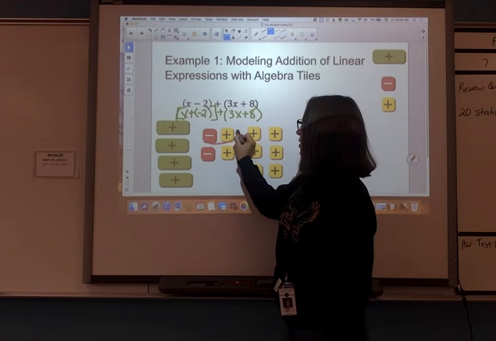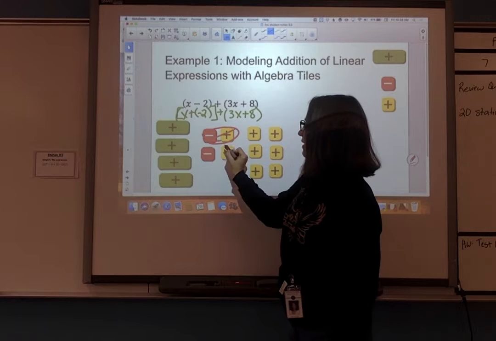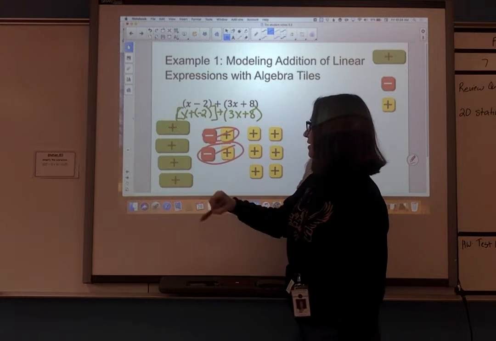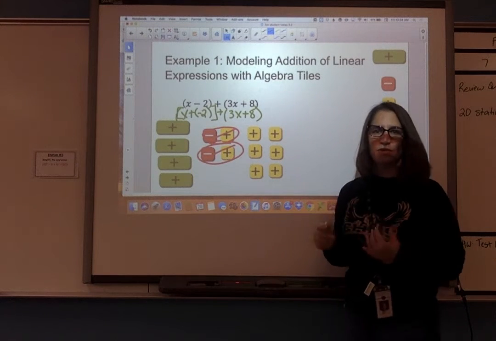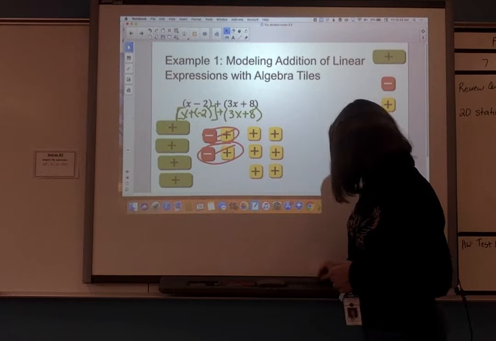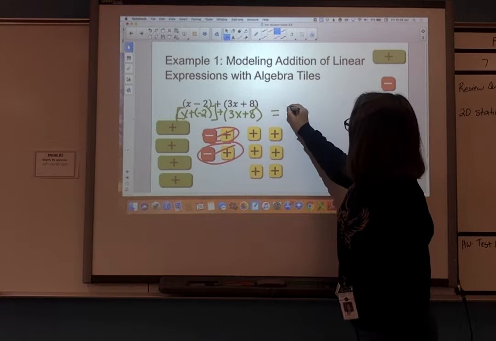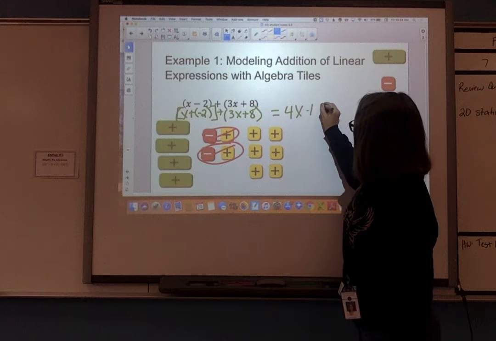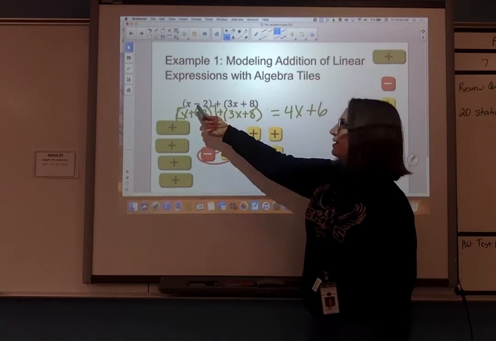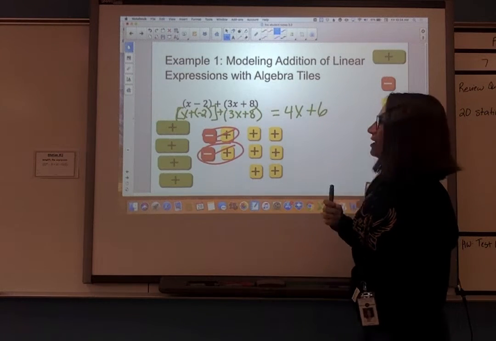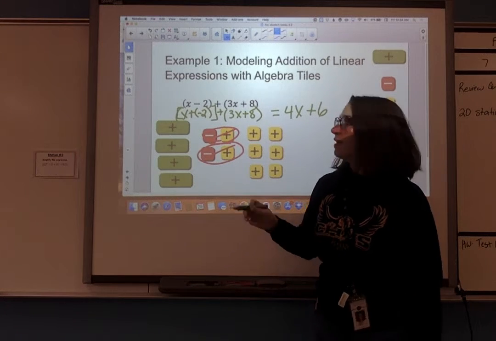So a positive 1 and a negative 1 is a 0 pair. I can cancel that out. I can cancel this out, right? Those are 0 pairs. So what I'm left with is 4x plus 6. So I've added these two expressions, and the sum is 4x plus 6.